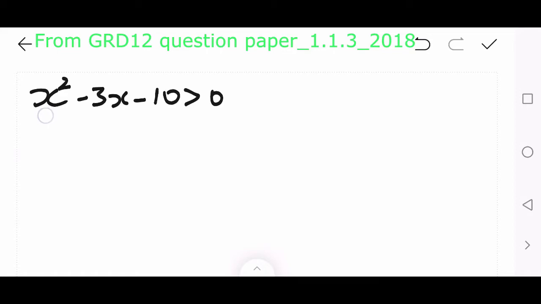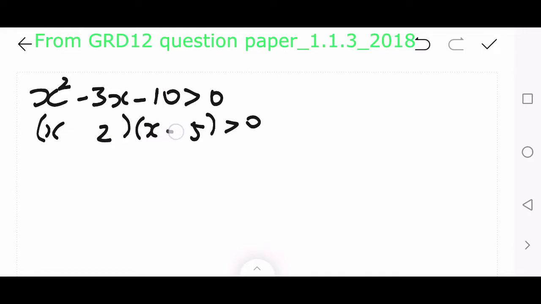So all we need to do is to factorize, and we'll have an x here, x there, and the factors of 10 that will give the difference of 3, 5 and 2.